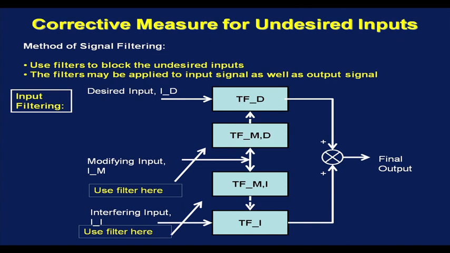So, this is a corrective measure for undesired inputs. In case of input filtering, we want to apply the filter to input signal so that it blocks the undesired input. Again, let us consider the block diagram which represents the relationships between desired input, modifying input, interfering input on one hand and the output on the other hand.